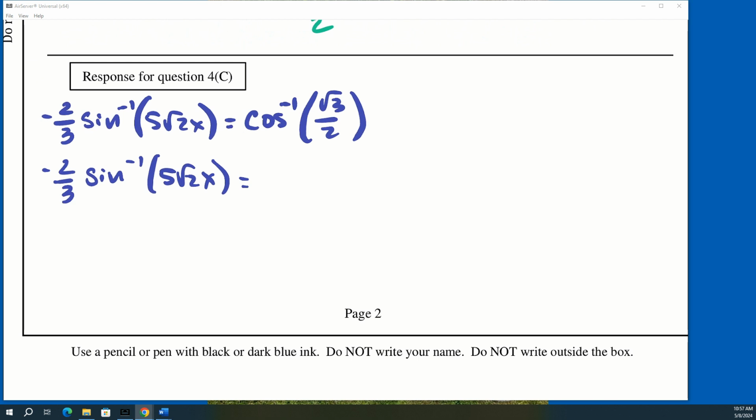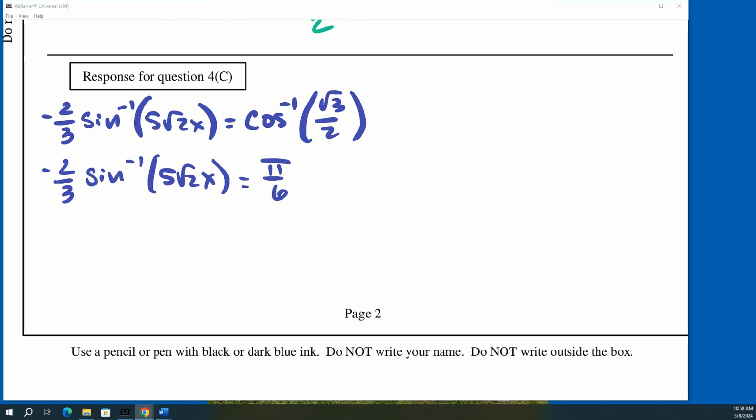And for inverse cosine, we're just talking about quadrant 1 and quadrant 2. So what angle is it that has that cosine? Absolutely. All right, so that makes it a little easier to look at.